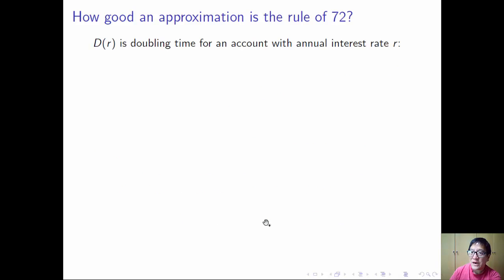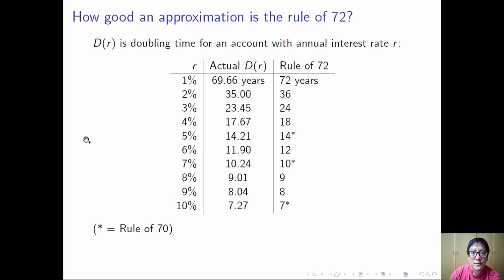Okay, so how good an approximation is this? Remember, d of r represents the doubling time for an account with annual interest rate r. So if r is 1%, the actual doubling time is roughly 69.66 years, and the rule of 72 gives you 72 years. At 2%, 35 versus 36, and so on: 23.45 versus 24, 17.67 versus 18, 14.21 versus 14.